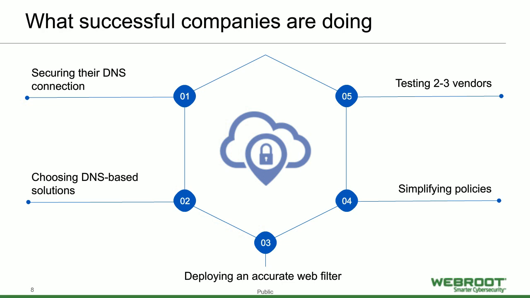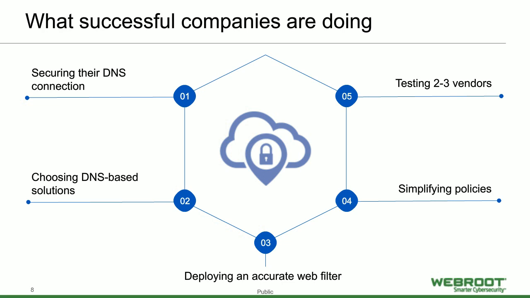So companies are looking at these systems as just one more layer of protection on top of their other layers, because the architecture is so suspect. They're testing multiple vendors, looking at lots of different vendors, and still deploying web filtering.